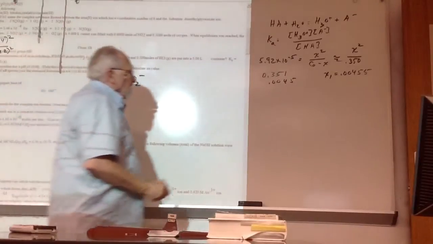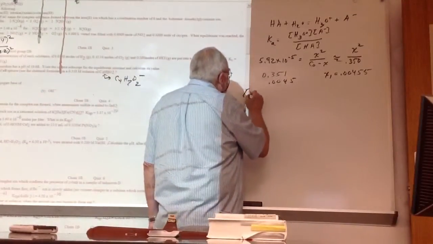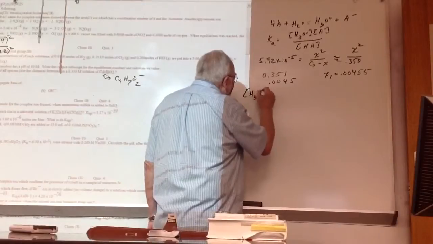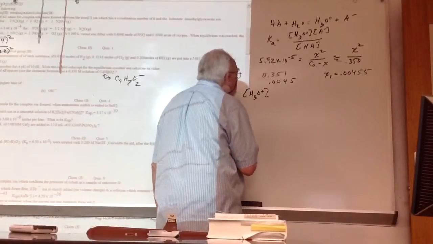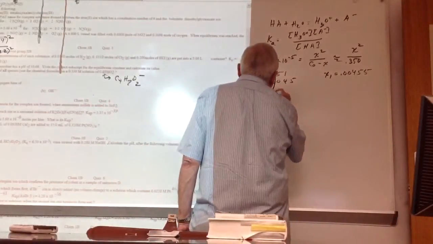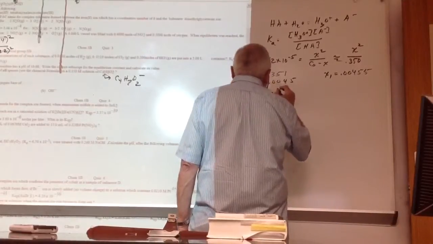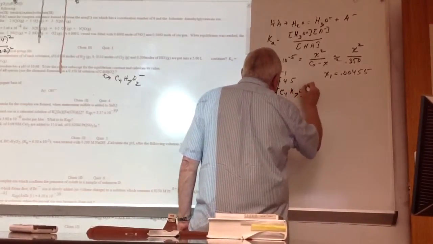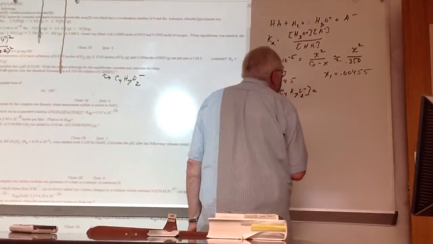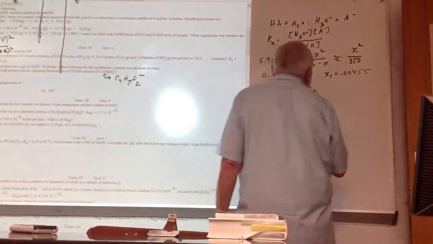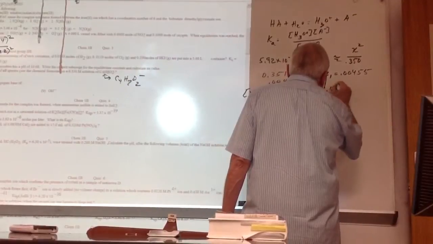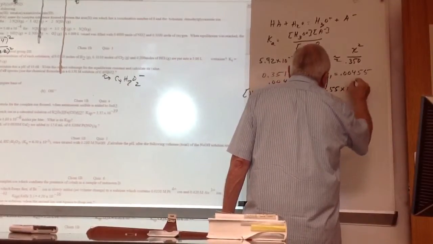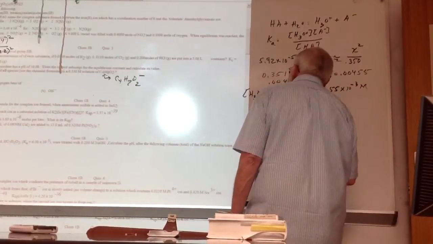So what you can say is hydrogen ion is equal to, I just wrote it there, C4H7O2 minus, and it's all equal to 4.55 times 10 to the minus 3 molar.